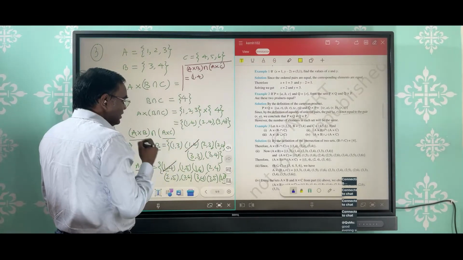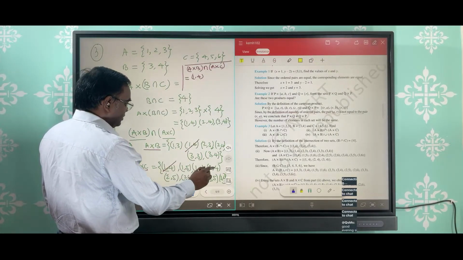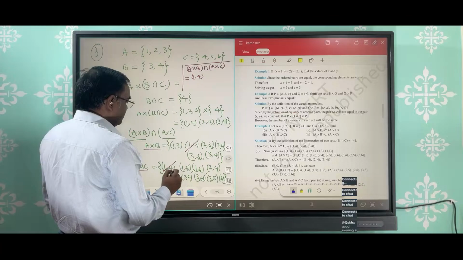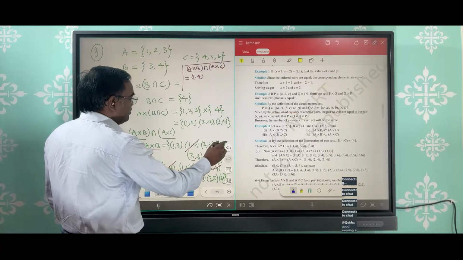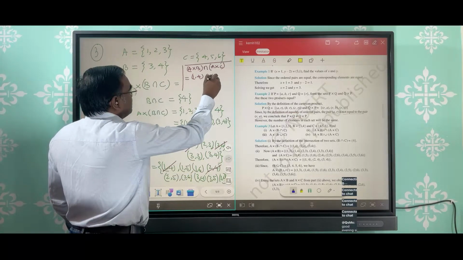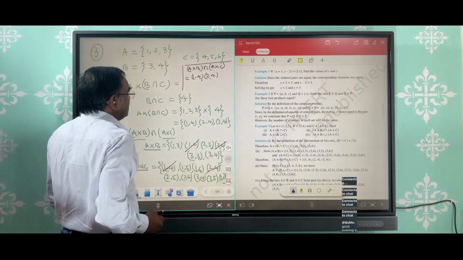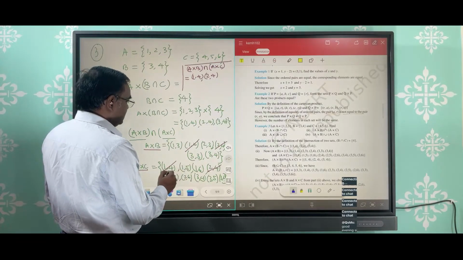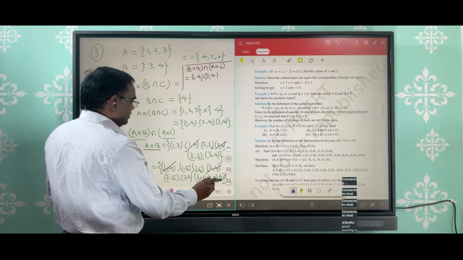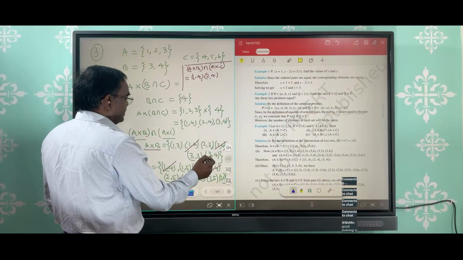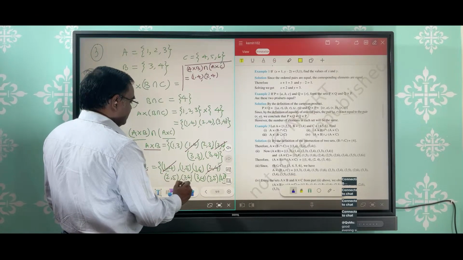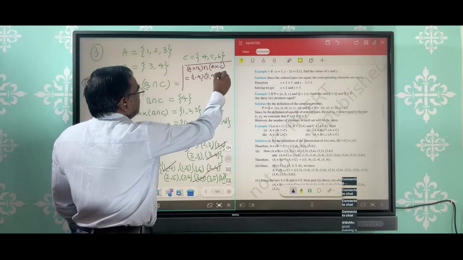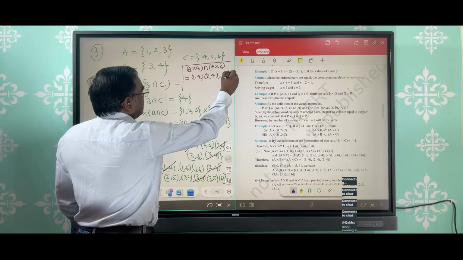Now 2 3, no. 2 4, yes. 2 4 is common. So write 2 4. Now next 3 3. 3 3, no. Next 3 4. 3 4 is common.